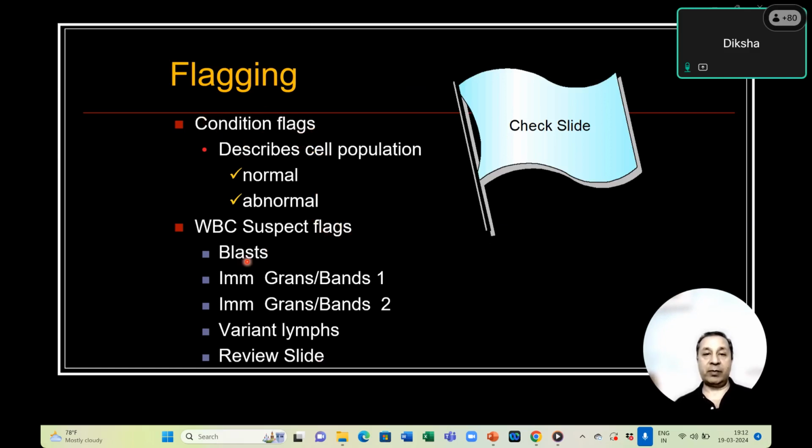For example, you might have a flag for blasts, a flag for immature neutrophilic cells or immature granulocytic cells, a flag for variant lymphocytes, and most importantly, whenever you have what is called an R flag, it is nothing but a review flag. That means you will have to review a slide.